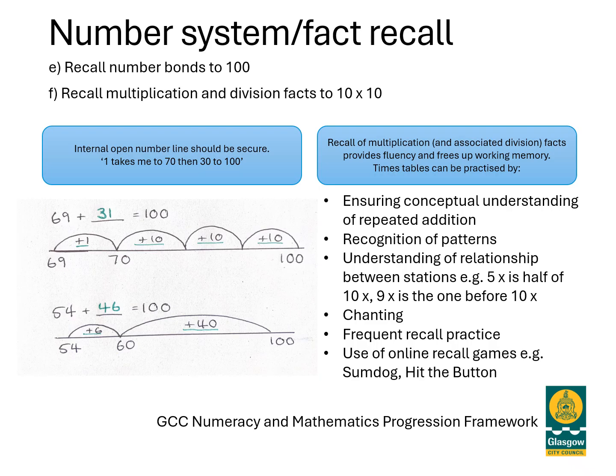So all of the original tried and tested methods like chanting and songs and frequent recall practice are really good. We also live in a world now where we've got lots of digital opportunities to give children individualized practice, so that they're practicing the times tables they need to practice rather than having to do it whole class, which is really helpful.